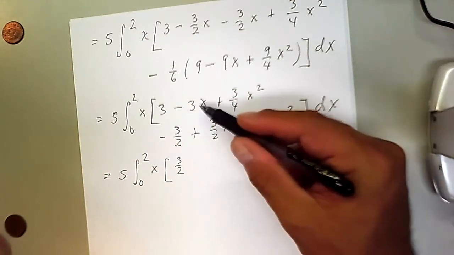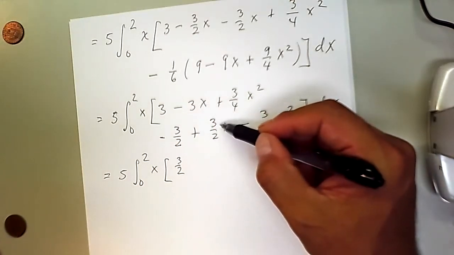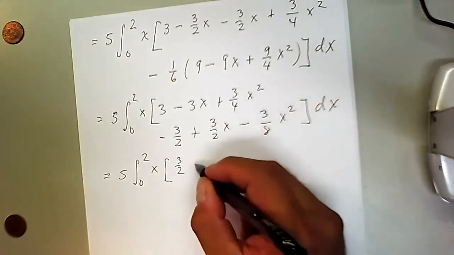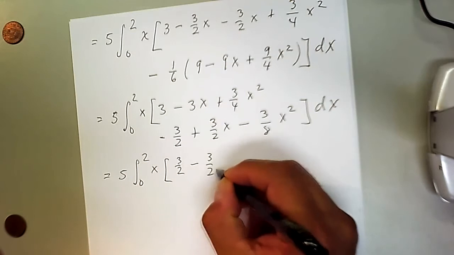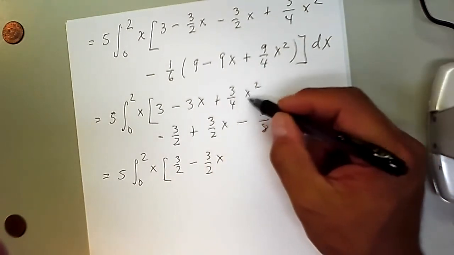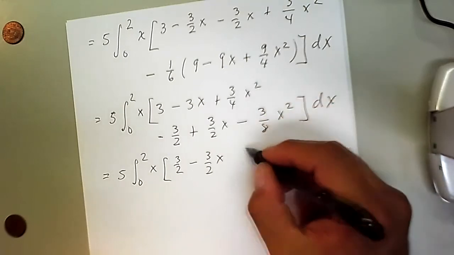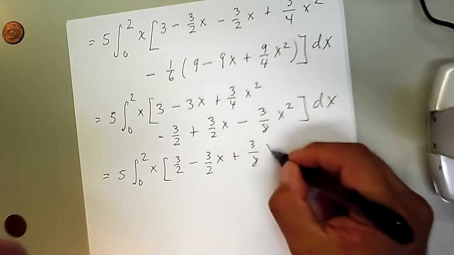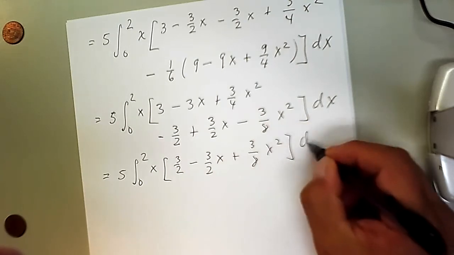Negative 3x plus 3 over 2x makes negative 3 over 2x. And then we subtract those two, but this happens to be exactly half of that, so we end up with plus 3 over 8 x squared, close the bracket, dx.